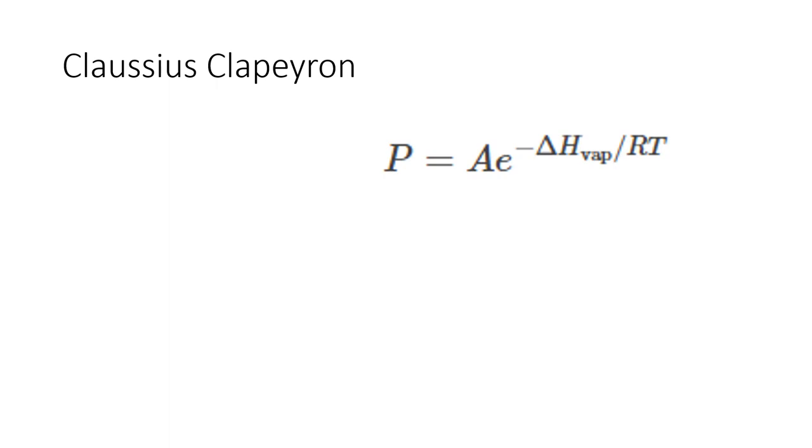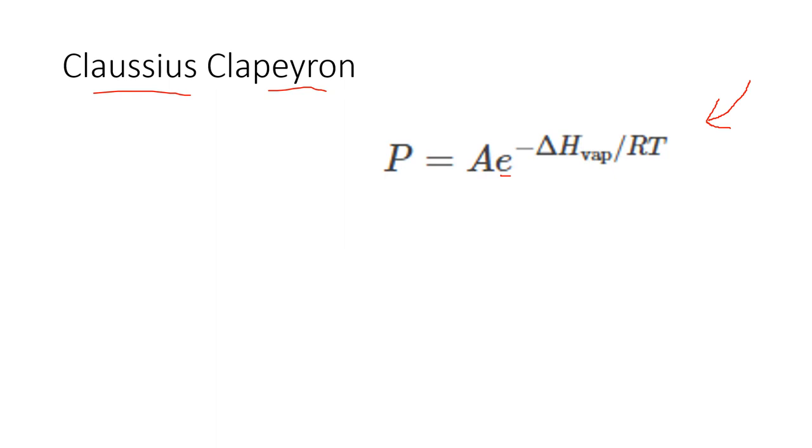Okay, so back to the mathing of our chemistry course a little bit. This Clausius-Clapeyron equation, this is the basic form of it. The pressure is A times, and this is your Euler number, e.